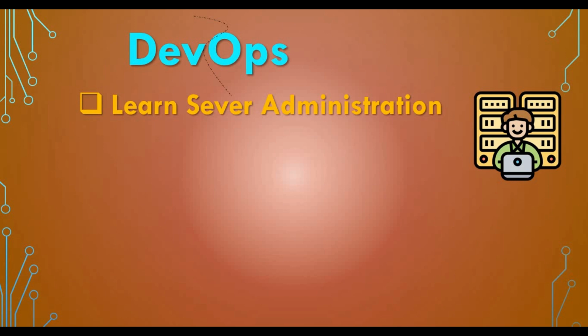For example, say you are a developer, so you already know the software development lifecycle and some coding or programming language, but you don't know anything about server administration. These are some places where you are lacking. So you need to identify what your current skills are and which skills are your gaps from this roadmap. Then you can focus on those gaps.